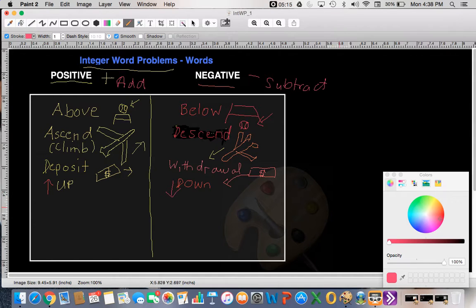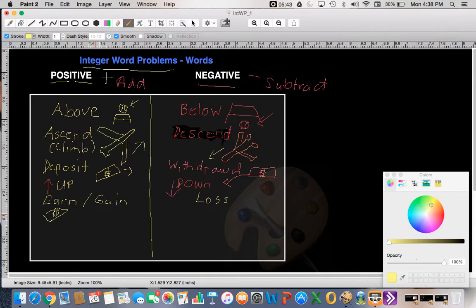Next is earn, or gain. And the opposite of earn or gain is loss. In our test, earn also talks about money. Gain talks about something that you got.